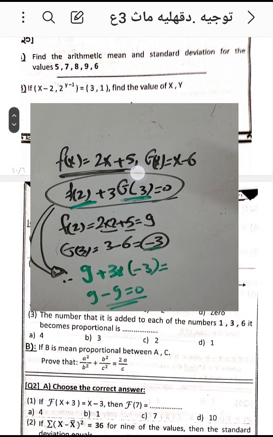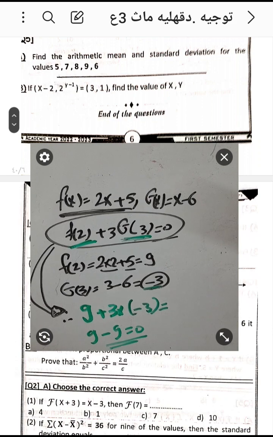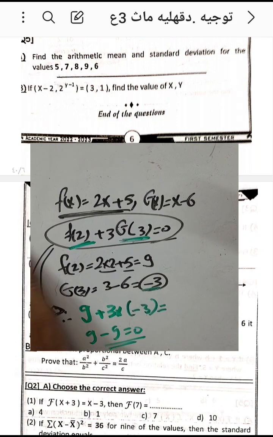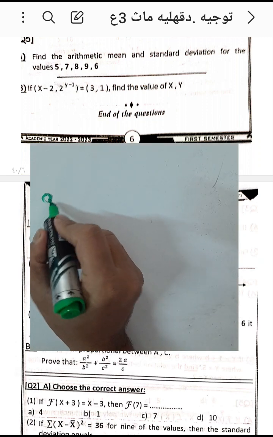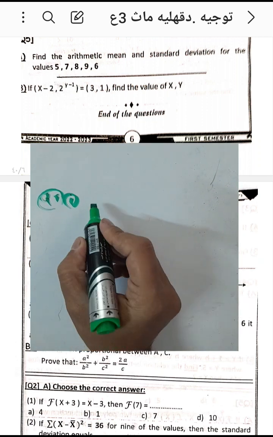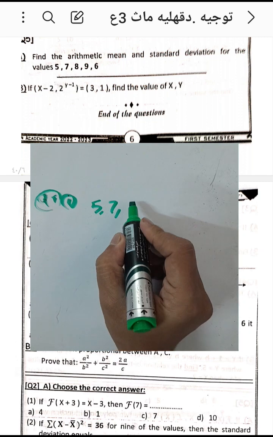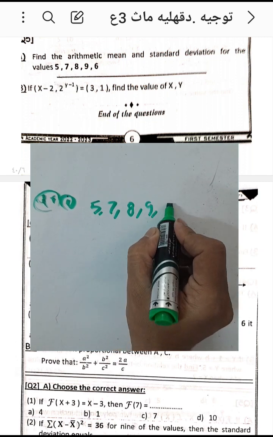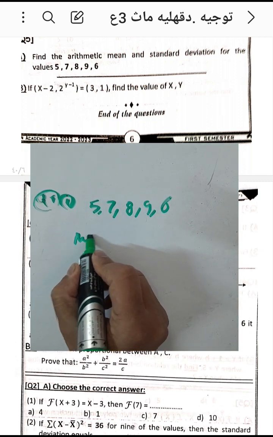Question number 5. Find the arithmetic mean and standard deviation for the values 5, 7, 8, 9, and 6. We can find the mean.